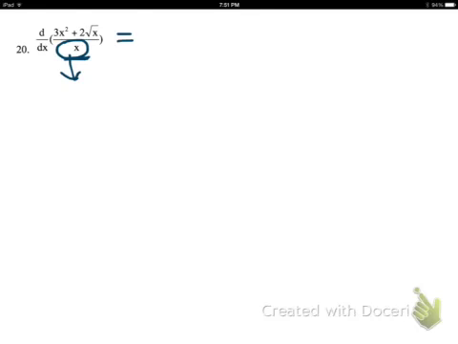So this function is the same thing as what? Just do 3x squared divided by x, which is what? 3x. And then 2 root x over x is what? That's x to the 1/2 over x to the first. So that would be plus x to the negative 1/2. And I forgot the 2, plus 2x to the negative 1/2. Now I can just find the derivative of each term.